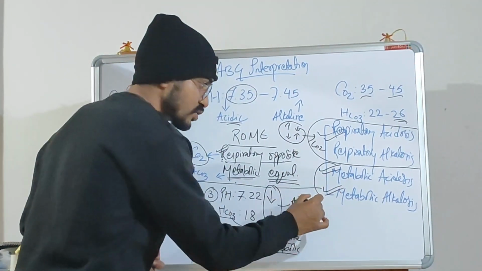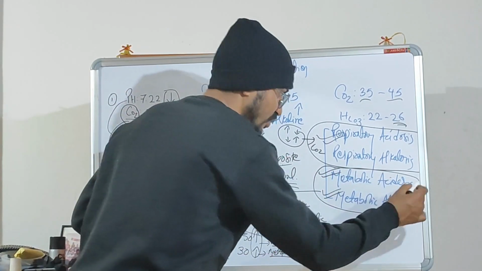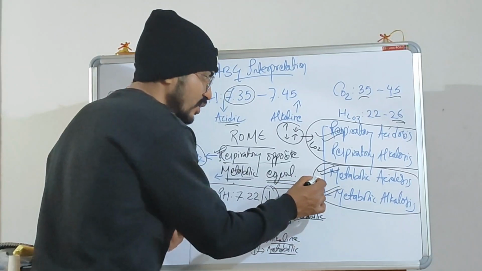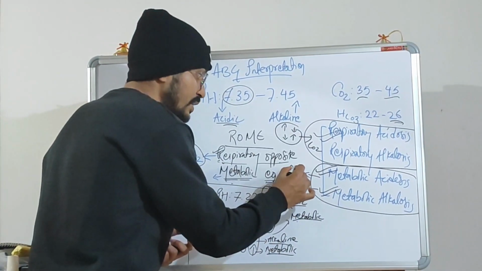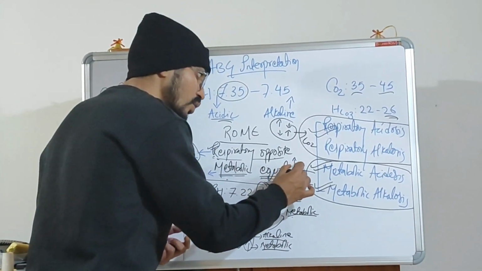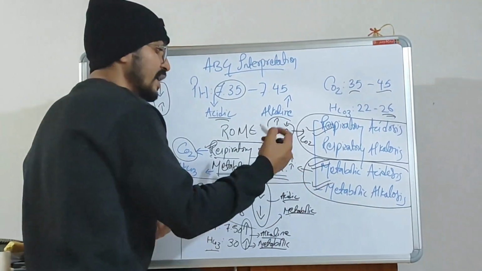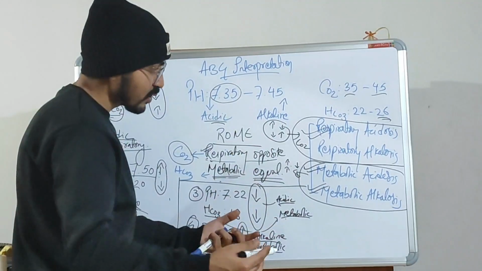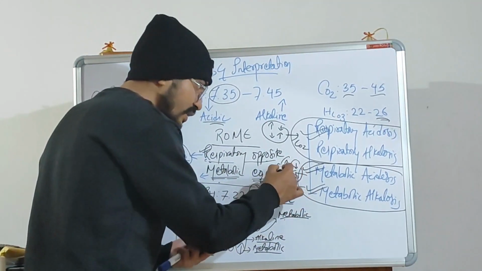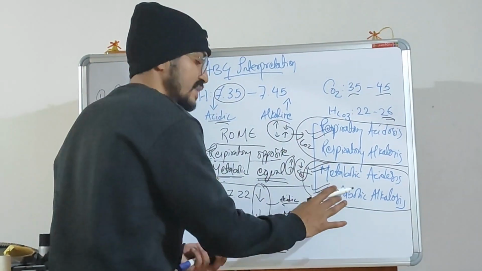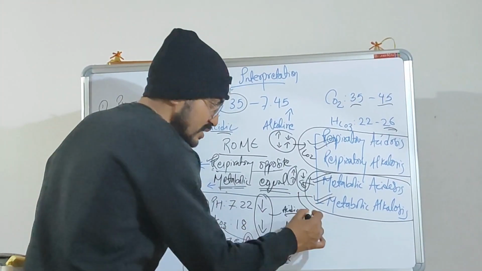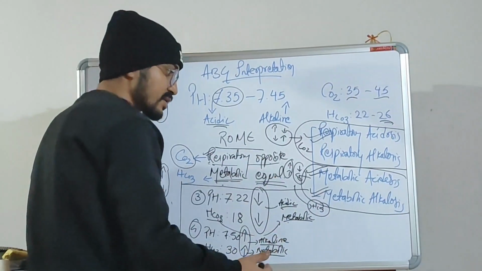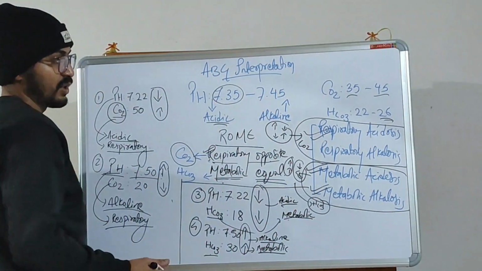But when it comes to metabolic, the values are always similar, or equal. If one is going up, the other will also go up. If one is going down, the other will follow it down. So the values will be the same, which is related to HCO3, or bicarbonate, and to metabolic.